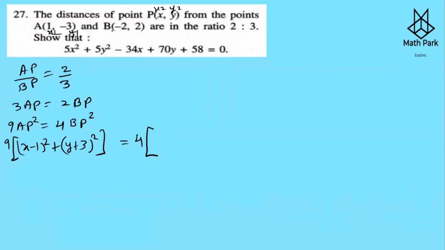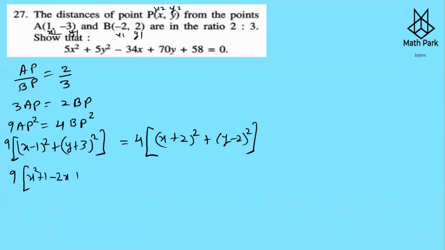Now for BP square, this will be my x1, y1. So I have x minus of minus 2 becomes x plus 2 the whole square plus y minus 2 the whole square. Let us expand this carefully. So we have 9, let it be outside the bracket. x minus 1 the whole square is x square plus 1 minus 2x.